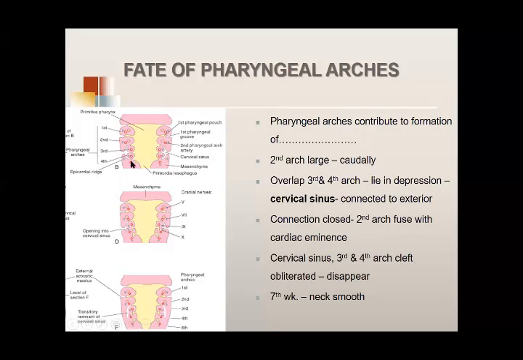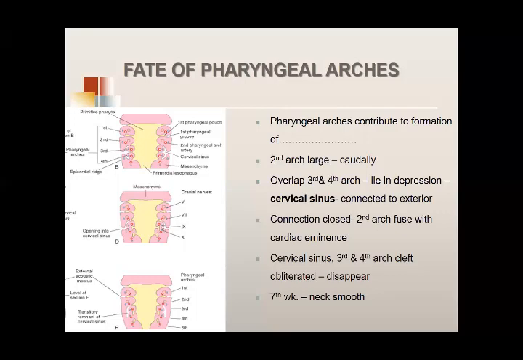अच्छा एक बात याद रखिए, एक तो मैंने आपको बताया था कि ये जो arches हैं, they develop in the start mesenchyme, neural crest mesenchyme travels in the region of the developing pharyngeal arches in the third week. But these arches begin to appear in the fourth week.